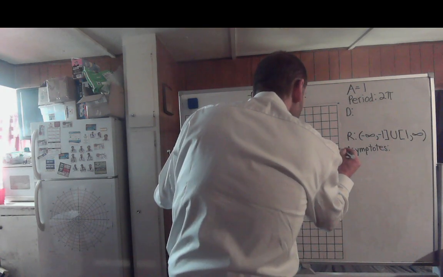And then you have 2 pi as yet another vertical asymptote.